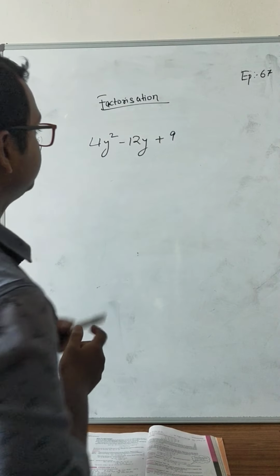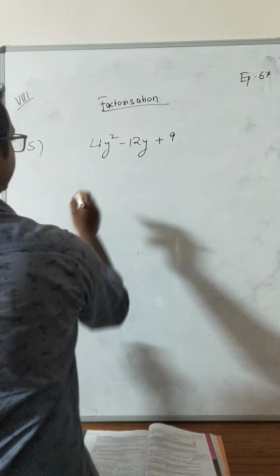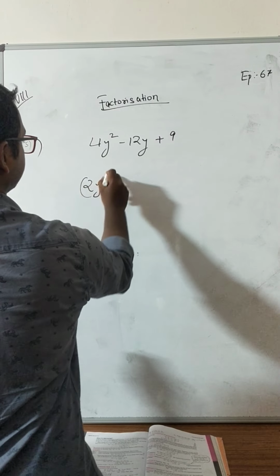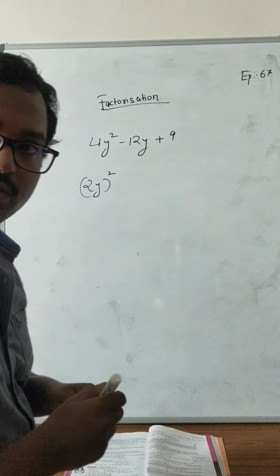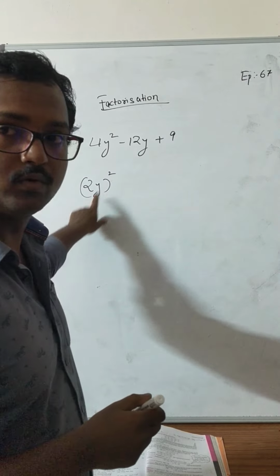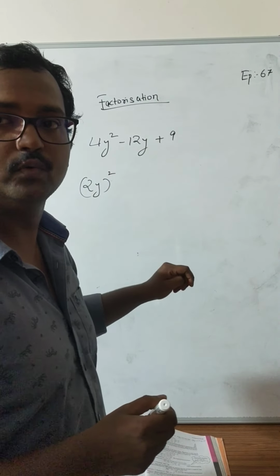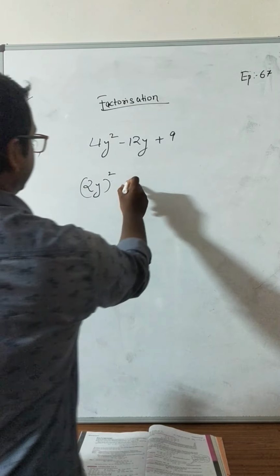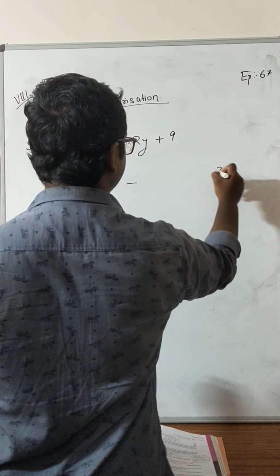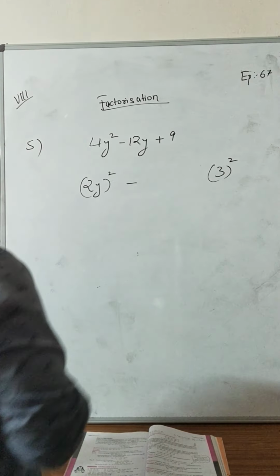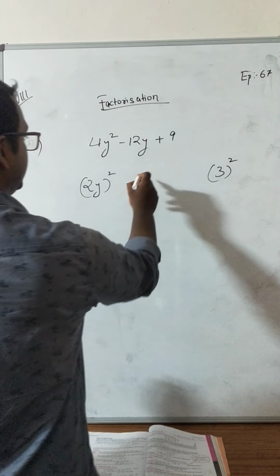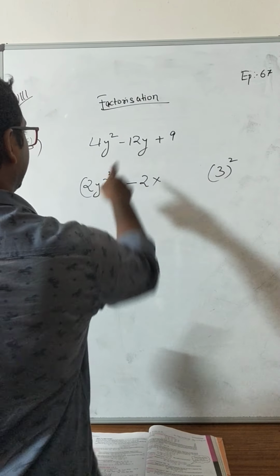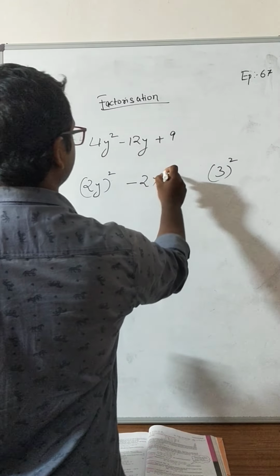Here we can write 4y square as (2y) whole square, because 2y into 2y is 4y square. 9 can be written as 3 square. Then 12y can be written as 2 into 2y into 3.